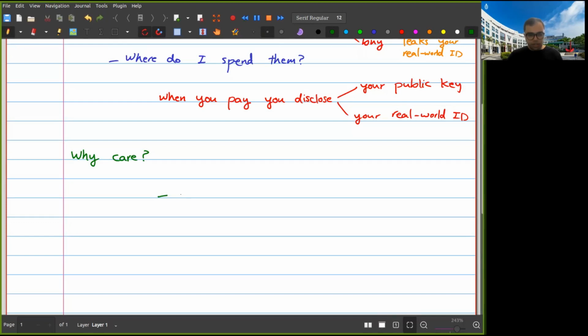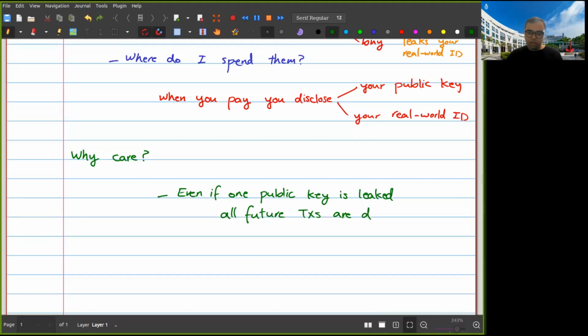So the first reason is that even if one public key is leaked, all future transactions are basically unmasked now, or maybe I have to use the word de-anonymized.